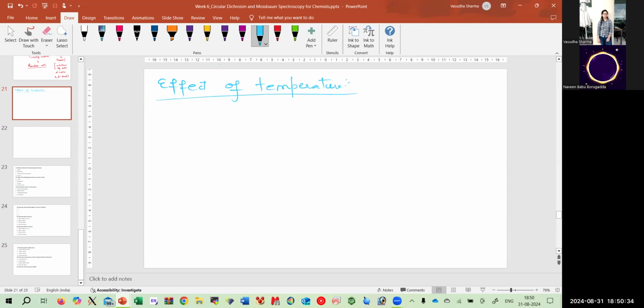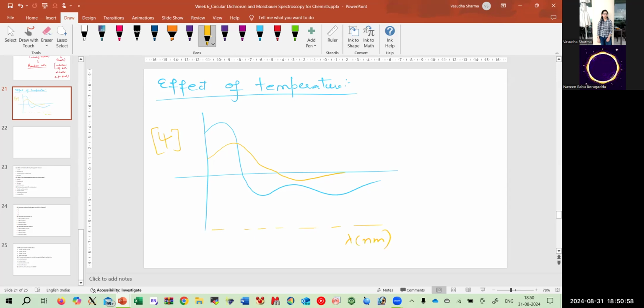So when we see the spectra at different temperatures, say for example, we have this alpha coil and here we have a beta. Okay, so this is your psi and this was your wavelength.